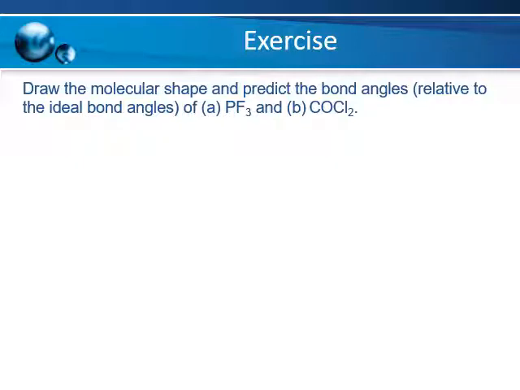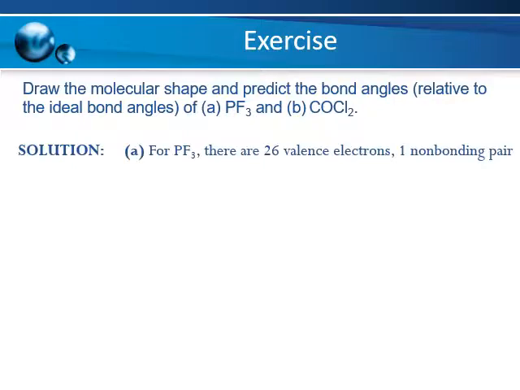For example, PF3. So you have 3 bonding pairs, so you can predict first. PF3 has 26 valence electrons. Phosphorus is how much?